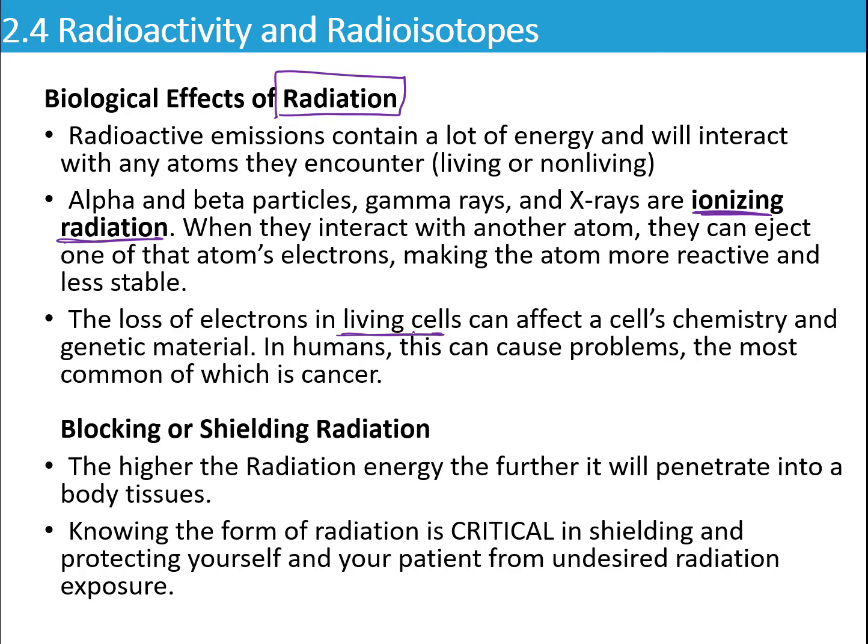So you can come up with ideas, okay, well, what kind of problems can you have? If you're exposed to radiation, that might make molecules more reactive inside of your cells, or it might make those molecules less active inside of your cells, or it may end up affecting how fast those cells grow, right?